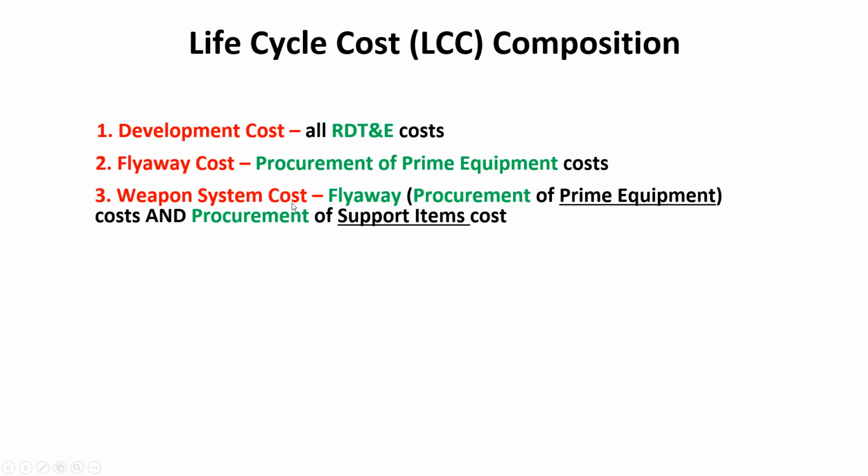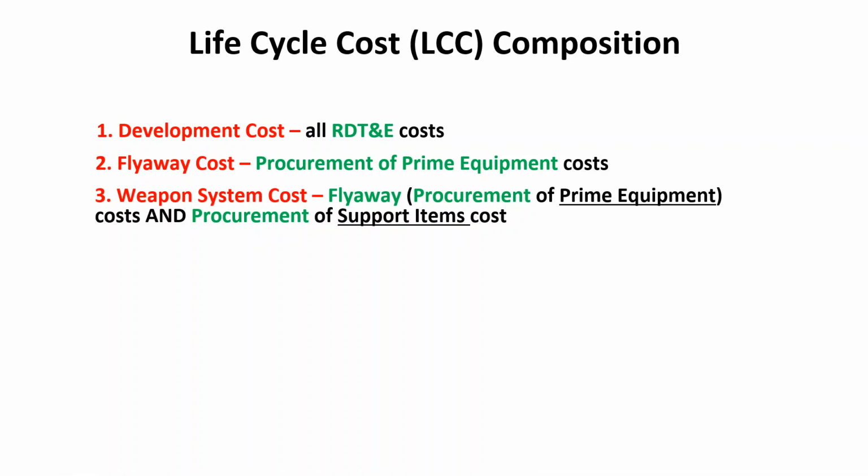Weapon system cost includes this flyaway cost, which is procurement of the prime item, and procurement of your support items. So if you have a list of dollar amounts, they give you RDT&E dollars, Milcon, procurement, O&M, they give you RDT&E again, then you know, okay, I put all my RDT&E together to make my development cost.